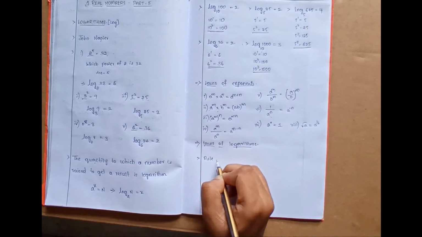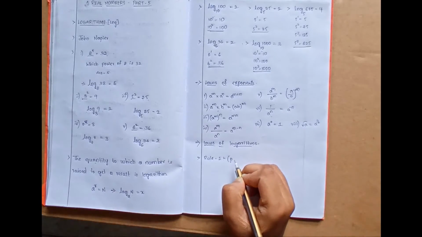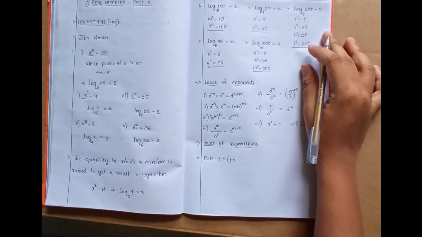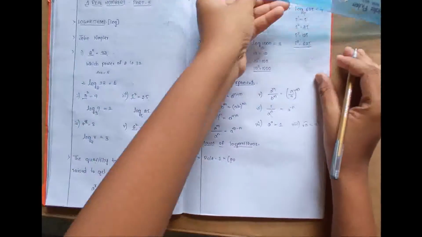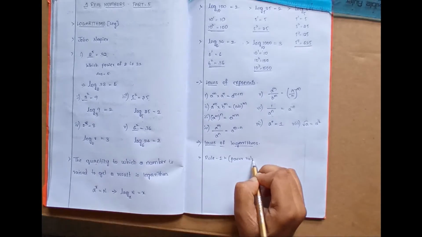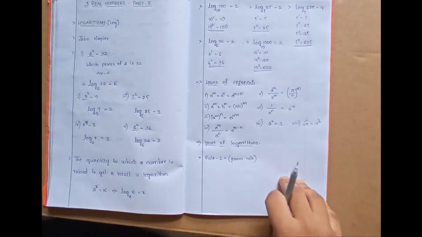Rule 1 is the power rule. In the power rule we have 3 laws.